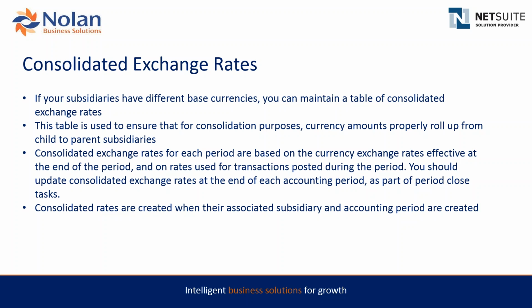If we have multiple subsidiaries with different base currencies, then we'll need to maintain a table of consolidated exchange rates. This is used to ensure that for consolidation purposes, currency amounts properly roll up from the child to parent subsidiaries. How it's calculated is the consolidated exchange rates for each period will be based on the currency exchange rates effective at the end of that period and on rates used for transactions posted during the period.